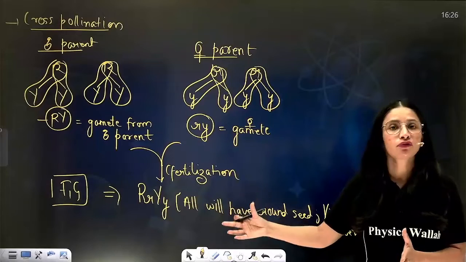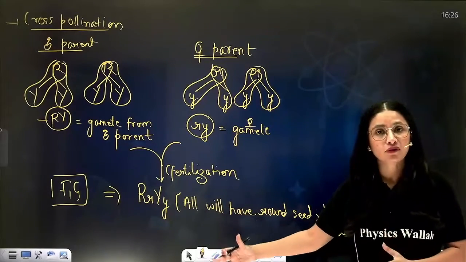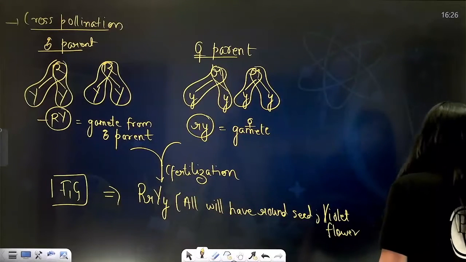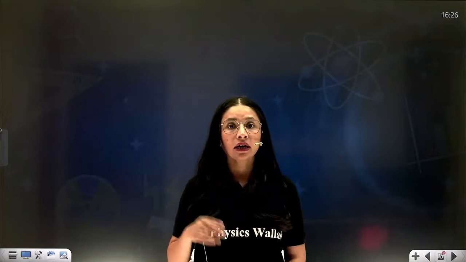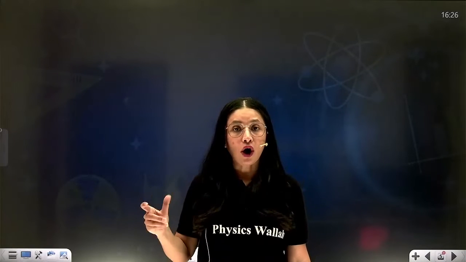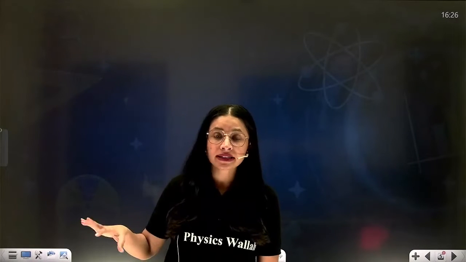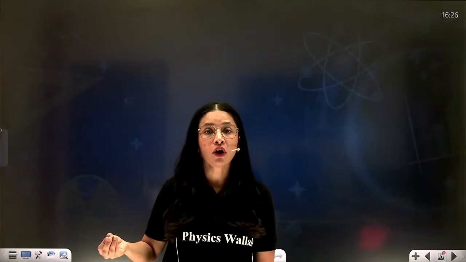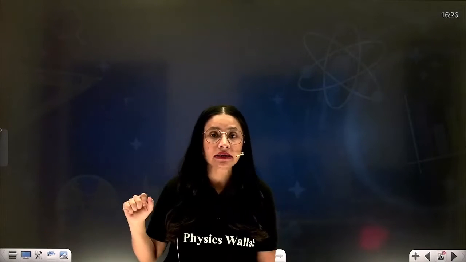Now, what is the next step? Same as we performed for the monohybrid cross, the next step is to perform selfing. After obtaining all the offspring, Mendel wanted to check where the phenotype of the female parent is. All offspring are coming round with violet flowers. Why are none of the offspring bringing wrinkled seeds with white flowers?